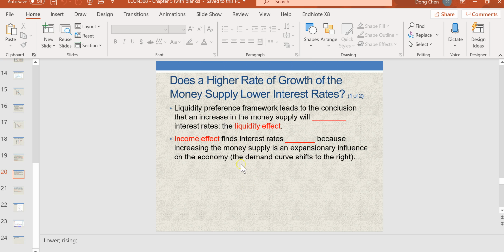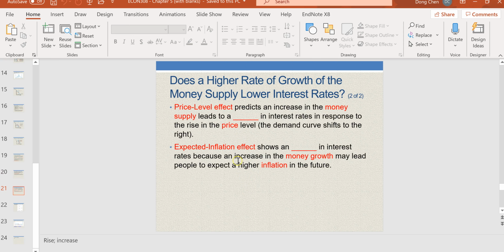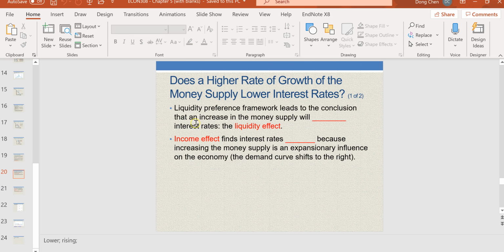a while. But if the expected inflation effect tends to take effect slowly, which means that people react to the change in expected inflation very slowly, then this effect will be dominated by the liquidity effect. Hence, there's no increase in the interest rate.